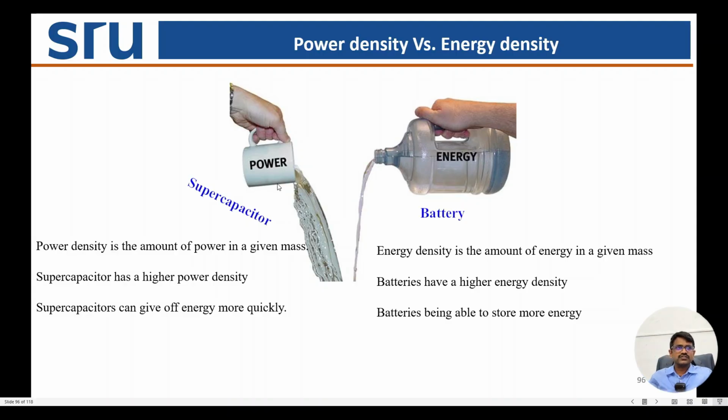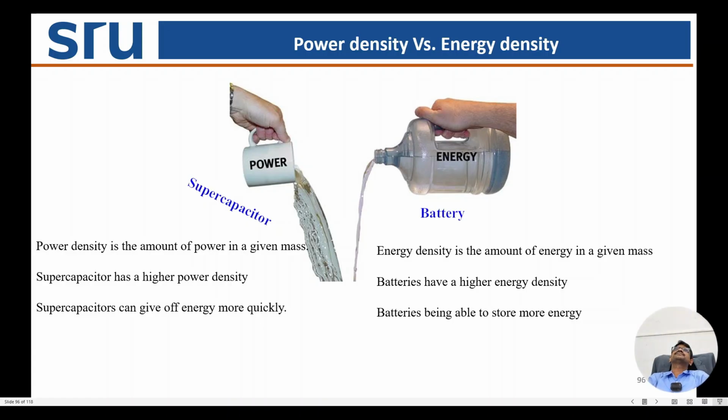Okay, so you should remember it like that. Some machines require more power, but some machines require more battery.